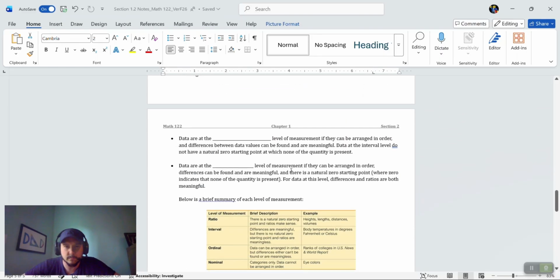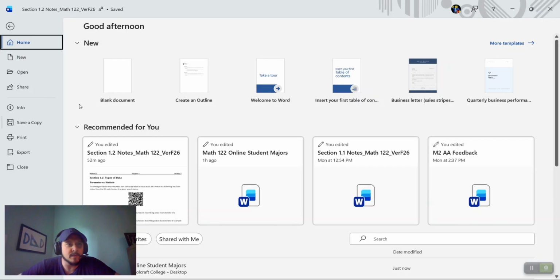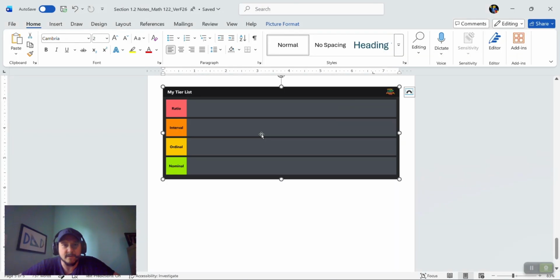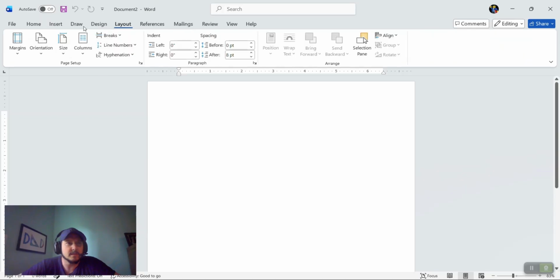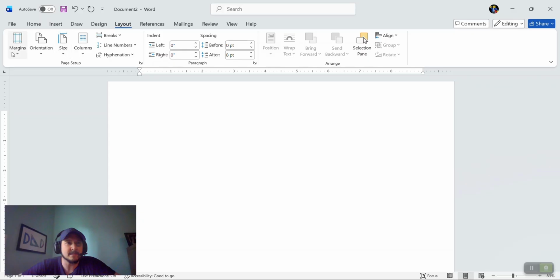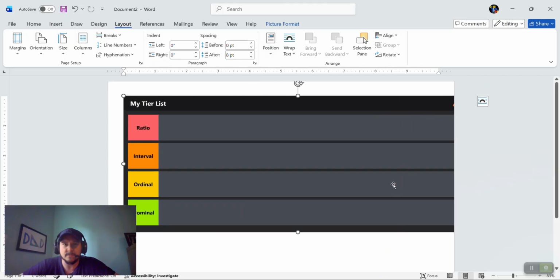Oops. Actually, it might make sense to make this a separate file, because the most natural layout would be landscape. I'll make the margins narrow, and now I'll paste this. I'll try to make this as full of a sheet as possible.